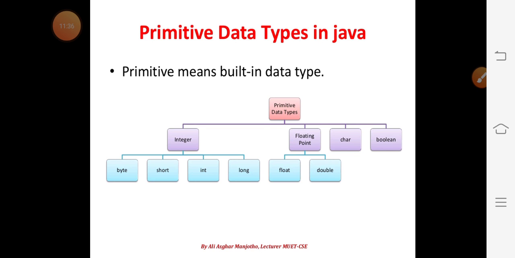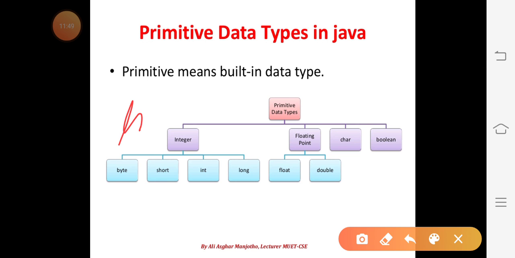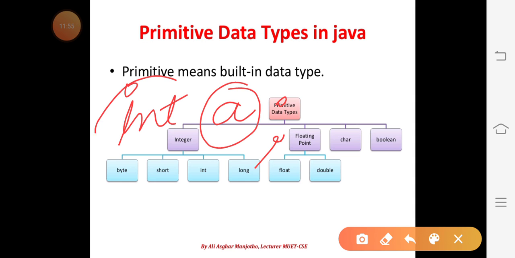That means if you define the type of any data, it will tell you which type of value the variable is going to hold in the memory, right? For example, if I write int a, it means a is a variable which is going to hold the value of integer type in the memory. So it is what? Data type.